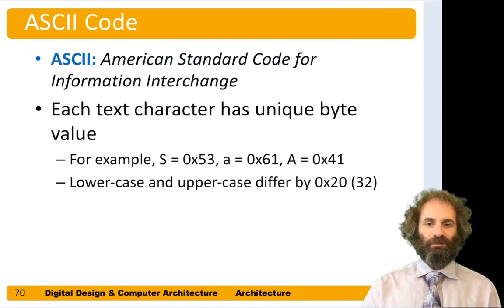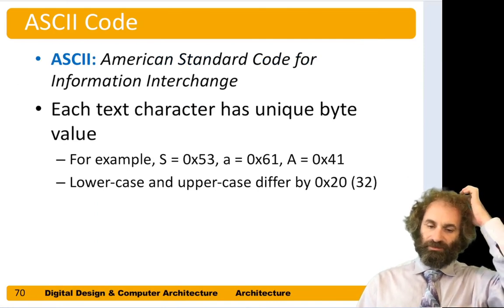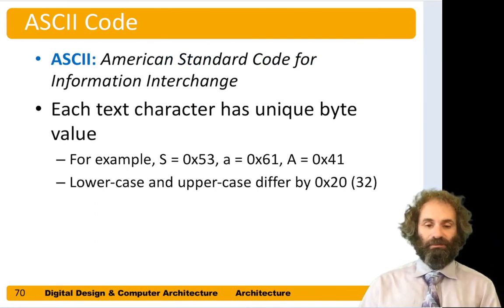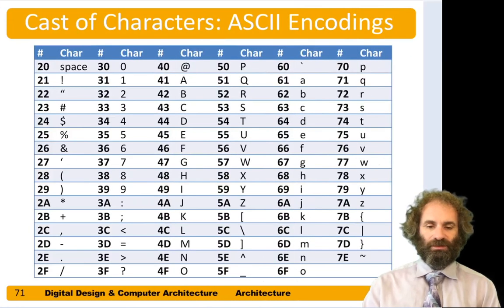So another common data structure is strings, which are arrays of characters. And recall that the American Standard Code for Information Interchange, ASCII, defines a 1-byte value for each key on the keyboard. So for instance, uppercase A is hexadecimal 41, which is decimal 65, B is 42, C is 43, and so on.